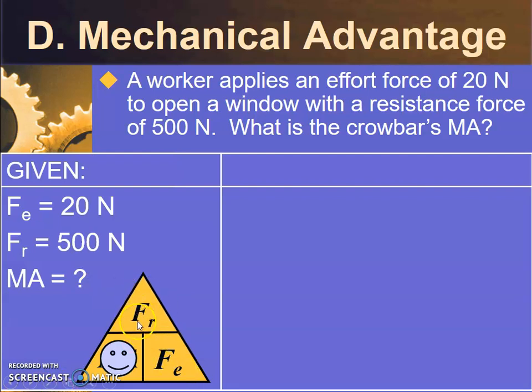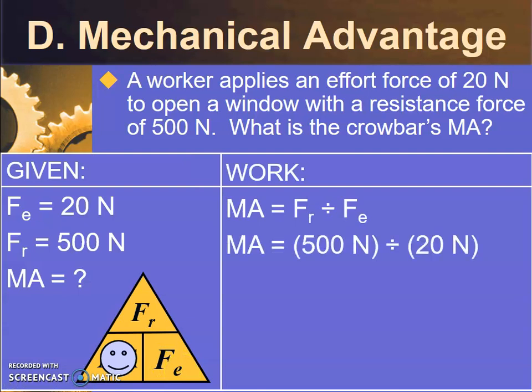So F sub R, this line means divided by, like it always has, F sub E. So we're going to do 500 divided by 20. And that is going to equal a mechanical advantage of 25. And that's the final answer. There is no unit because we divided newtons by newtons, so that unit canceled off. And so in this case, we have just the number.